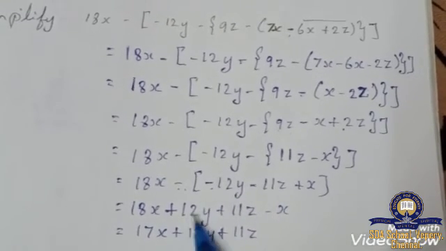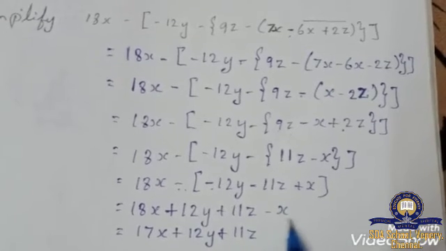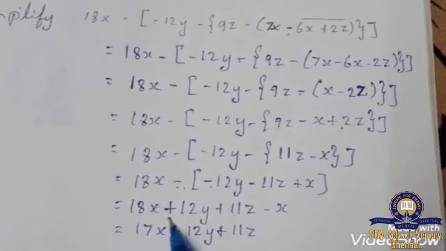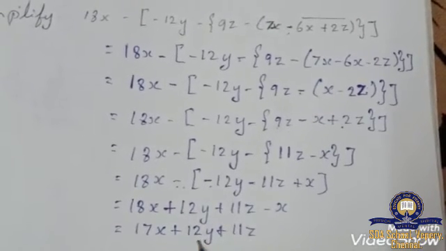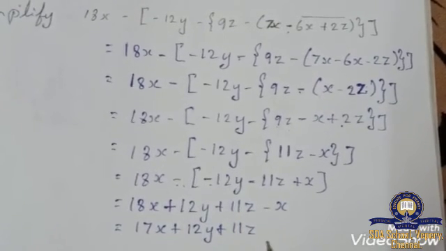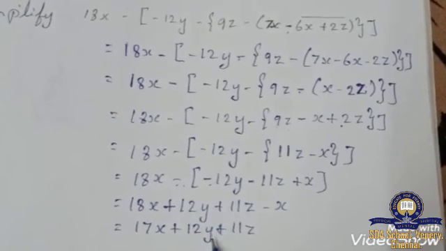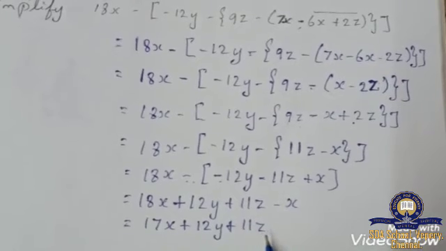So we get plus 12y plus 11z minus x. So here x are common. So 18x minus x is 17x plus 12y plus 11z. So our answer is 17x plus 12y plus 11z.